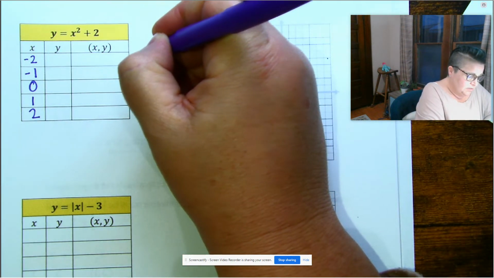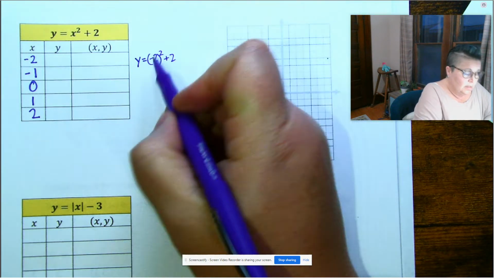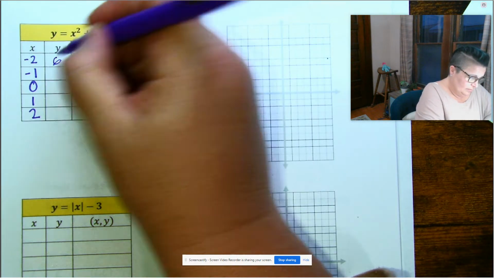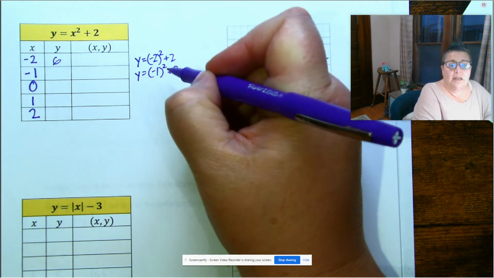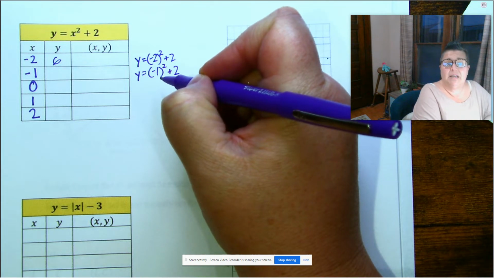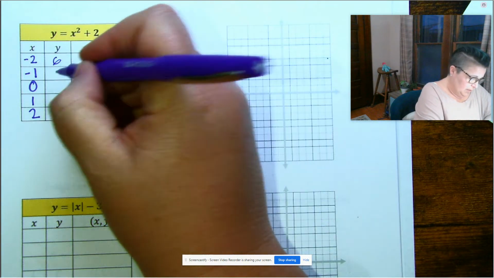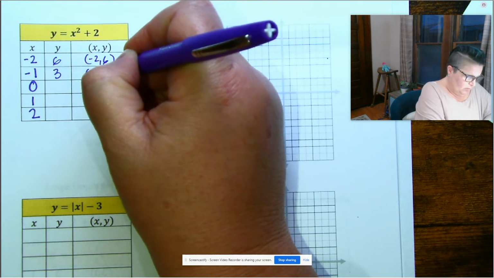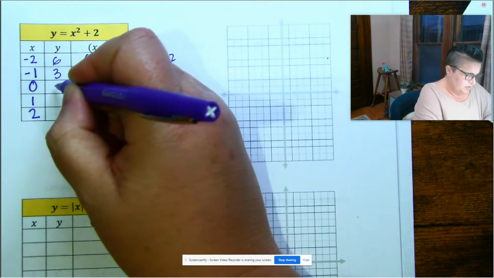So then when I substitute them in, y will equal a -2 squared plus 2. -2 squared is -2 times -2. That's a +4. Plus 2 more is 6. Y would equal a -1 squared plus 2. -1 squared is a -1 times a -1. Negative times a negative is a +1. Plus 2 is 3. -2, 6. -1, 3. Y is equal to 0 squared plus 2. That's just going to be 2.